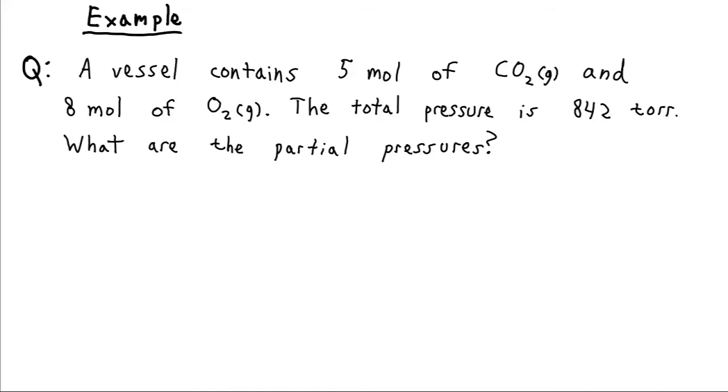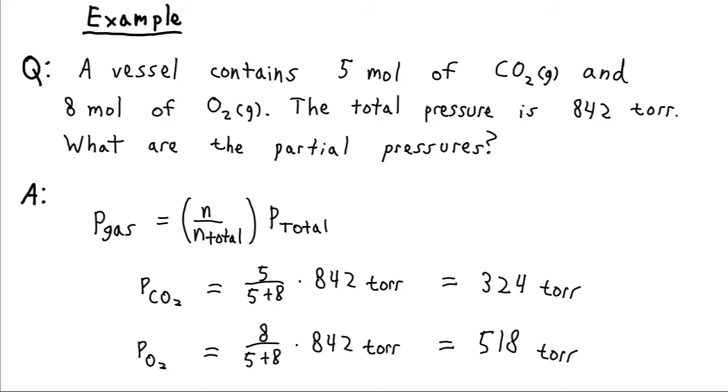Well, according to Dalton's law of partial pressure, the pressure of any individual gas is equal to its mole fraction times the total pressure. So the mole fraction of carbon dioxide is going to be the 5 moles divided by the total moles, which will be the 5 plus the 8 from the O2, and then times the total pressure.